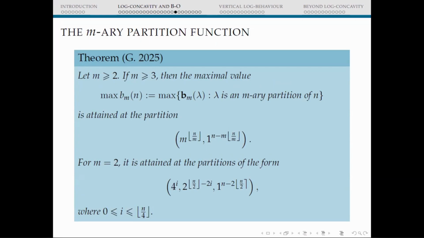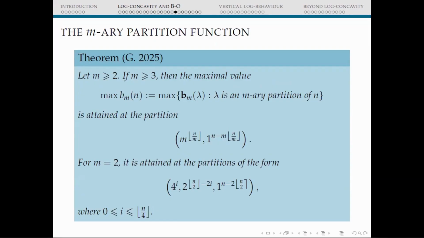Great. So at the moment, as I said, we don't have asymptotic estimates for a partition function where A is an arbitrary infinite multiset of positive integers.